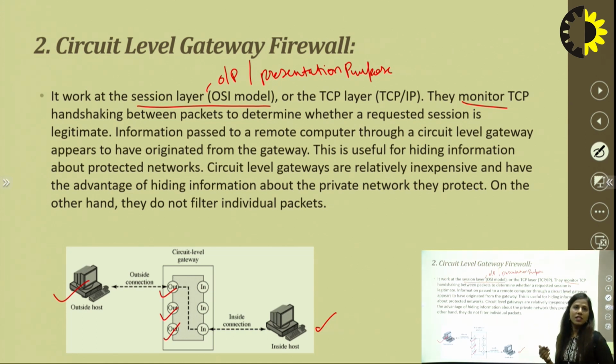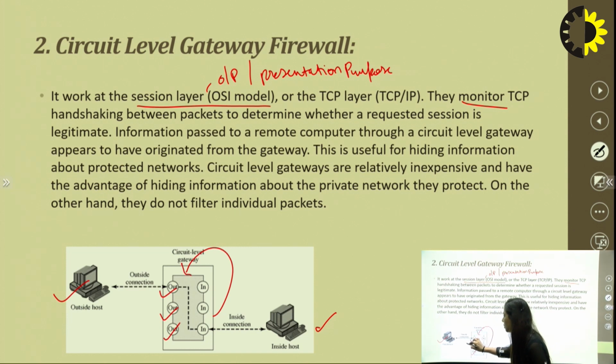Means whatever the session is legitimate, whether that information is transferred to that particular remote computer or not, that will appear over here. Whatever input the host gives, the output goes through this particular circuit level gateway, and after that only the outside host can access this information. So it can be used as a circuit level gateway firewall.